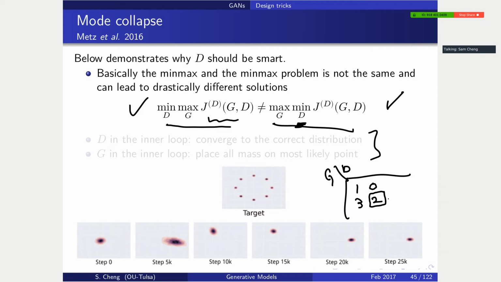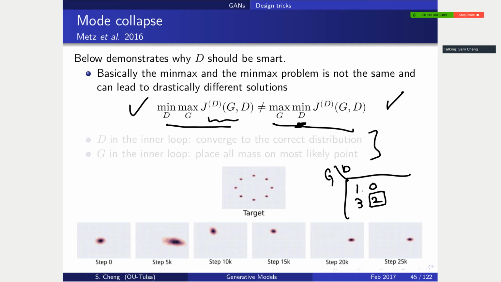But if I'm doing maximization first, I'll end up here. So if I'm having the generator trying to maximize first, then the generator will pick this. Wait, I guess I swapped the two here. The generator picks this, the minimizer will pick this.